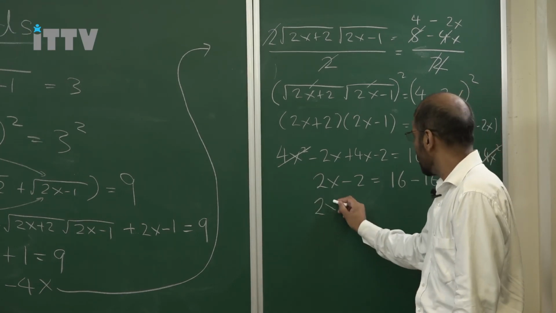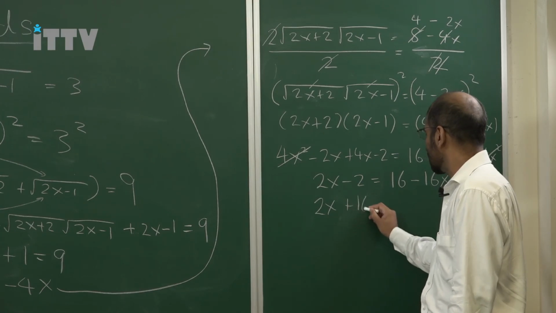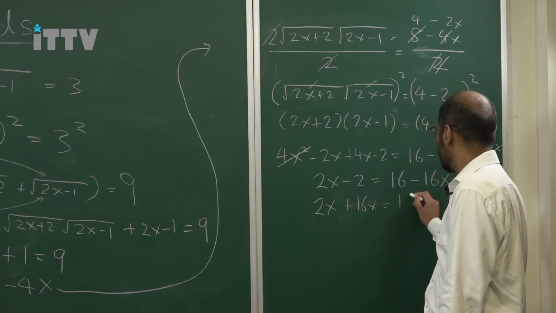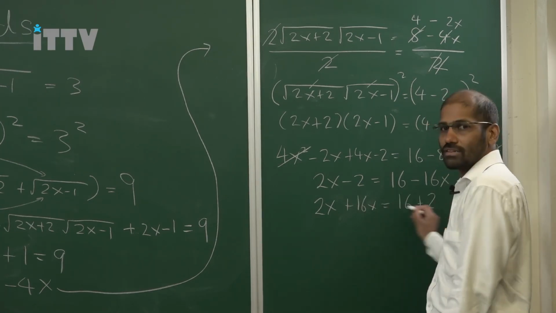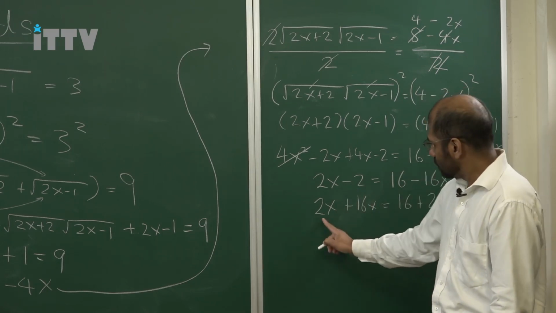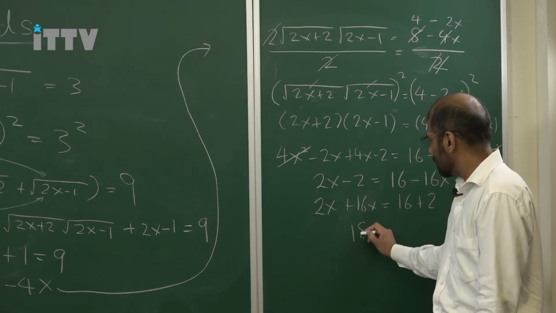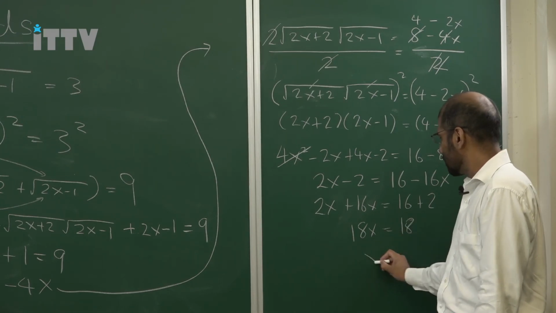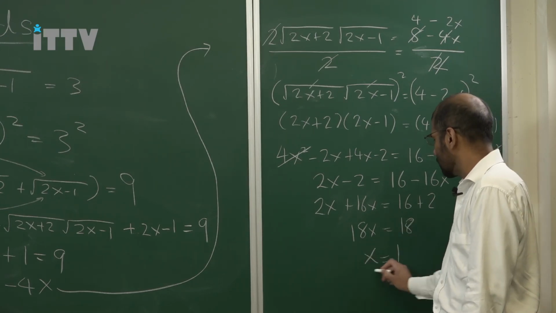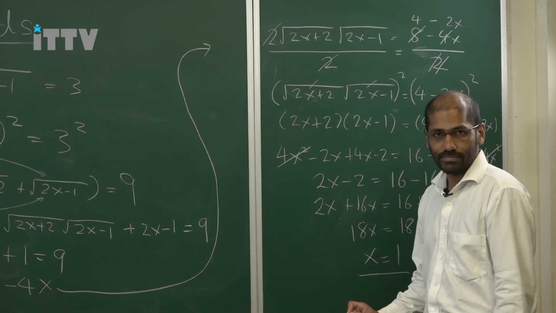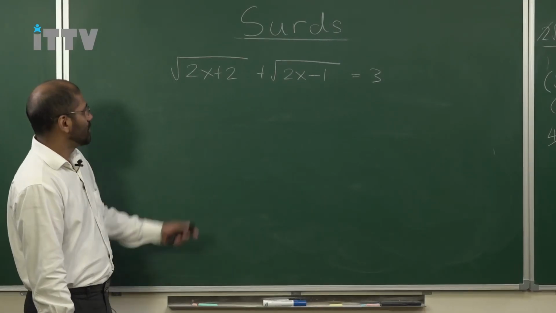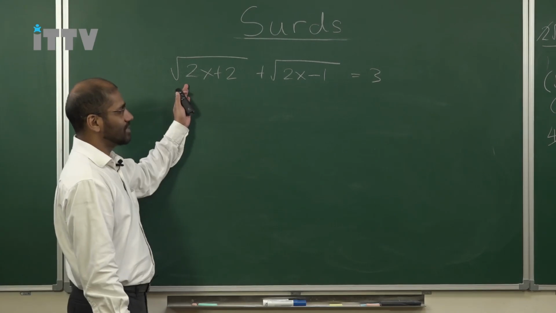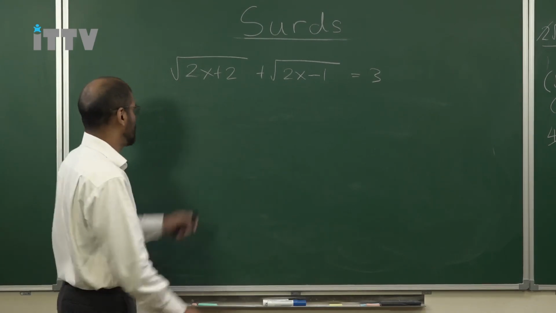So we have 2x plus 16x equals to 16 plus 2. 2x plus 16x giving us 18x equals to 18. Finally, we have x equals to 1. And we have obtained the solution as x equals to 1 for this equation.